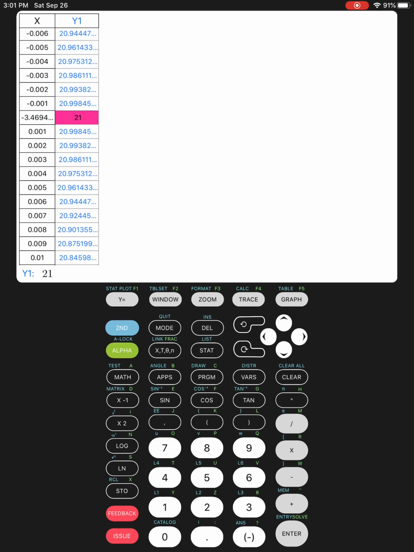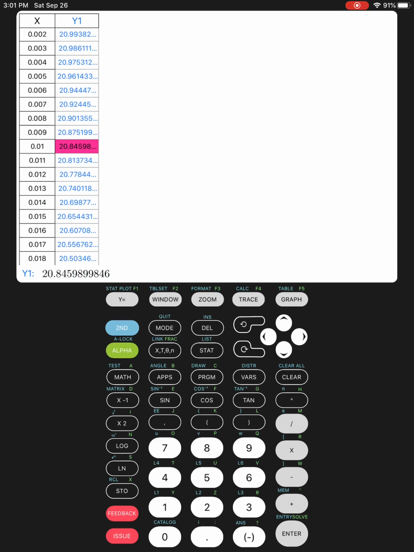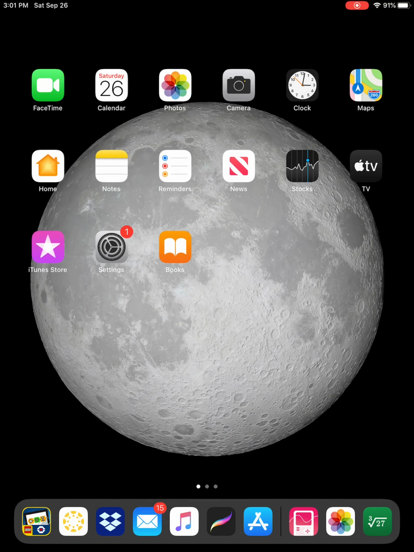But we can see as we go up from above, so this is the limit plus, and as we go down like this, we're getting closer and closer to 21. These give us the limit as x approaches 0 from the left, and that's getting closer and closer to 21.